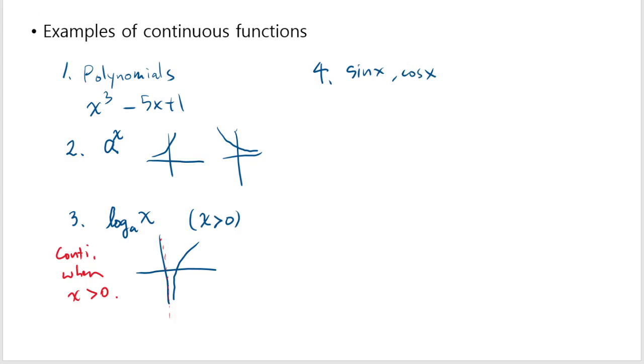Now, number 5. After you have all these functions, then we can talk about rational functions. Rational functions are polynomial over polynomial.